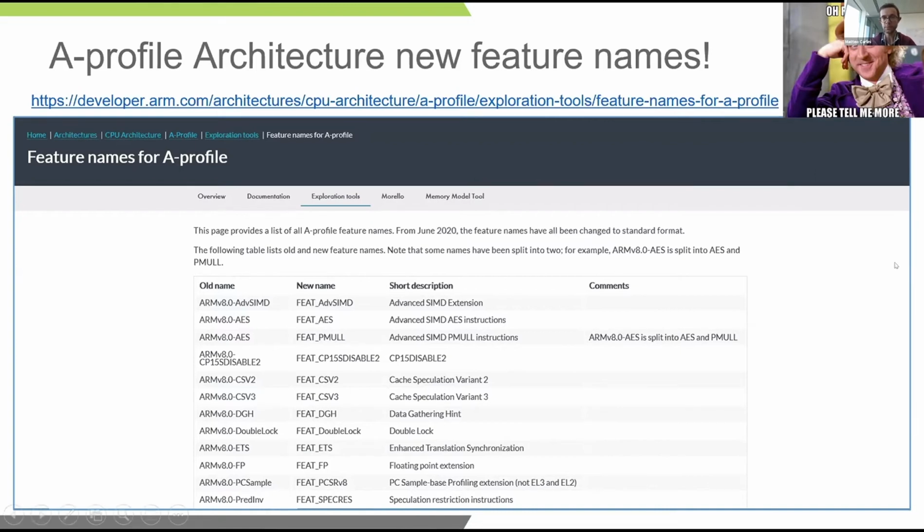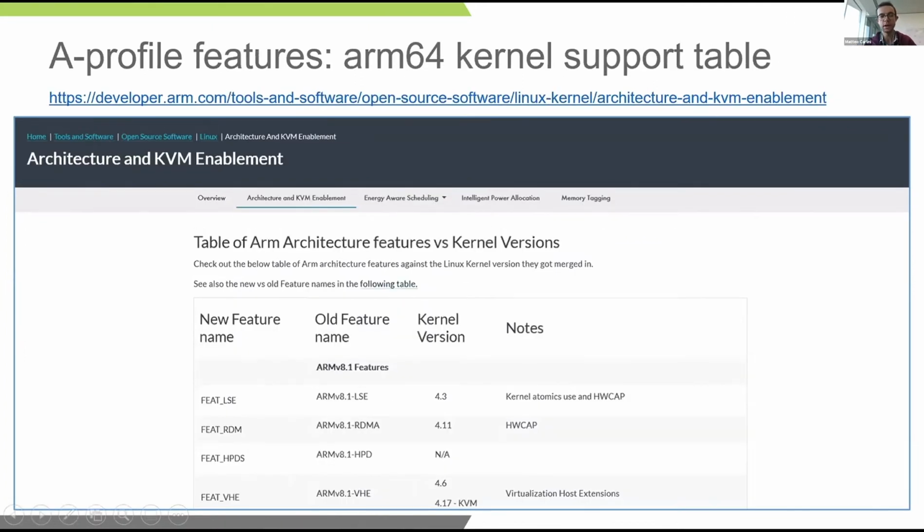As a result, we also updated our open source software kernel page. We have an OSS page for Arm64 Linux kernel architectural features. This page tells, for each feature, in which kernel revision the feature has been merged.